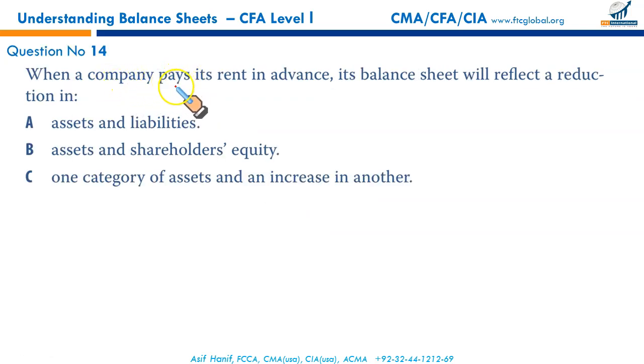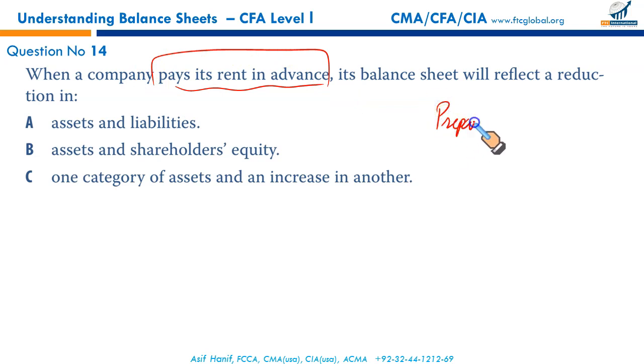When a company pays its rent in advance, what entry do you make? You debit prepaid rent. I hope everyone has gone through the basic accounting. Prepaid rent debit, and bank credit. Prepaid rent is reported as other assets on your balance sheet within the current assets. So prepaid rent is an asset and it's increasing.